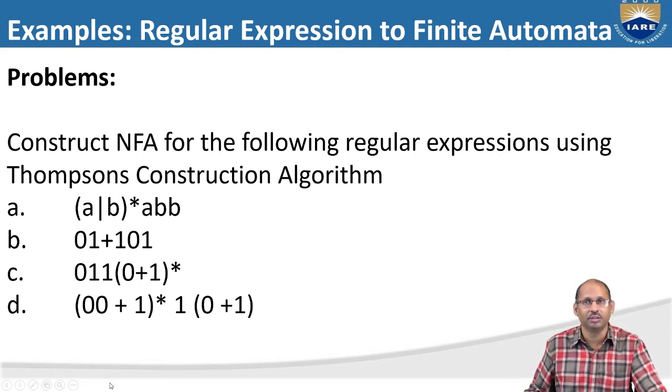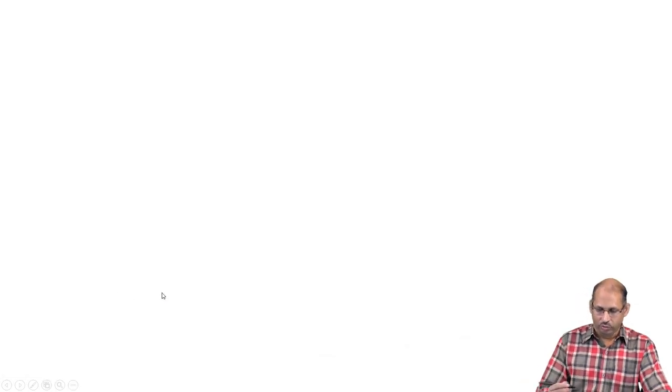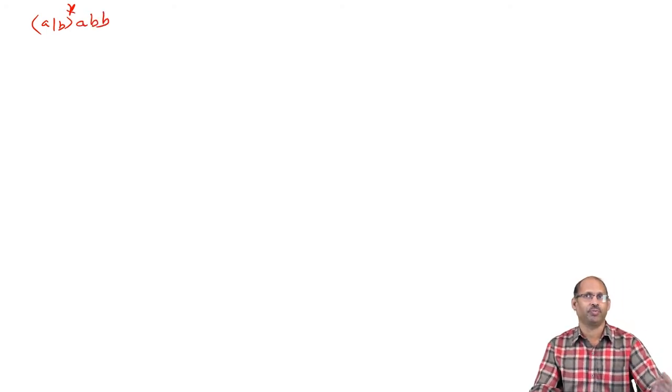(A or B) closure followed by ABB, right? What is the problem? (A or B) closure followed by ABB. That is the given problem, right?